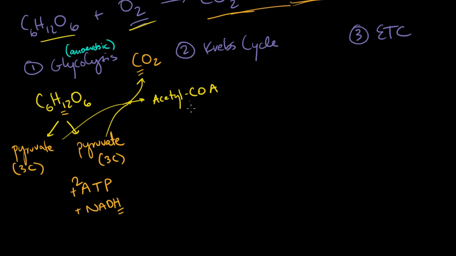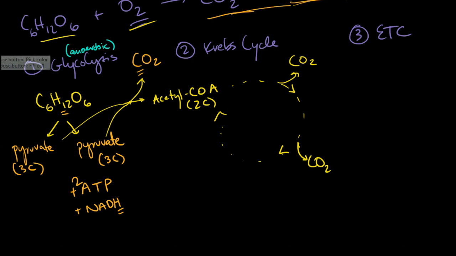That acetyl CoA, if you can figure it out, is a 2-carbon molecule, and it goes through this cycle, which I'm not going into a lot of detail about, but it gives off some CO2s, and it comes back around. It cycles over and over again, giving off some CO2s. I apologize, it's been a long day and I'm not focusing on the color coding. So CO2 is a product.